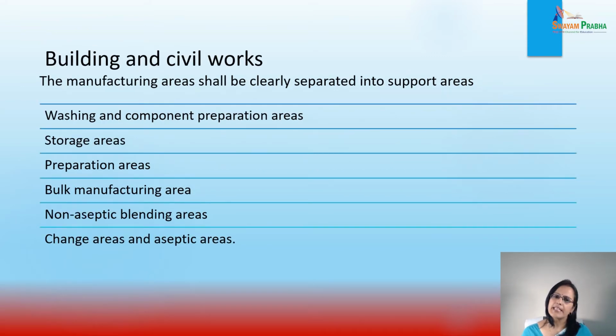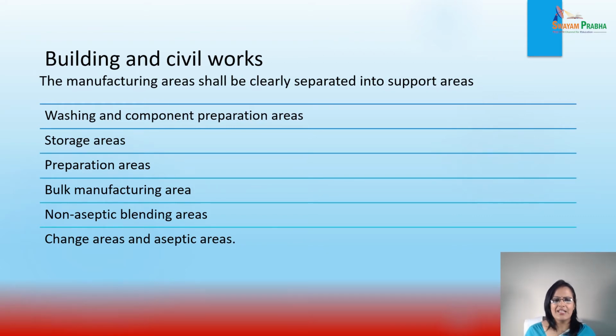The next point under civil requirements of the building is that the manufacturing area should be clearly separated from the supporting area. We already know that parenteral manufacturing areas are always far from other manufacturing units. The washing and component preparation area, storage area, bulk product preparation area and non-aseptic building area should be completely separate.